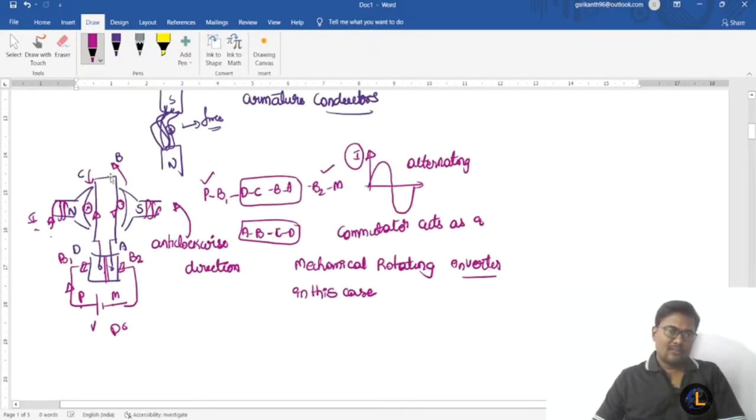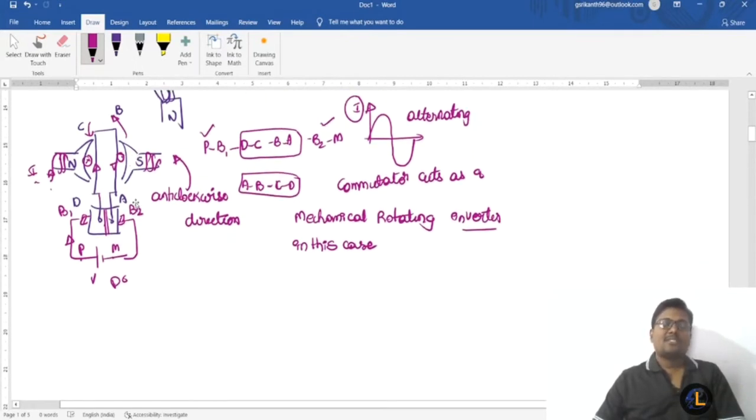So here we are taking two supplies. One supply is to produce the magnetic field, and another supply is to meet our requirement. What is our requirement? The current flowing through the armature conductors, which are placed in a uniform magnetic field, will experience a force.